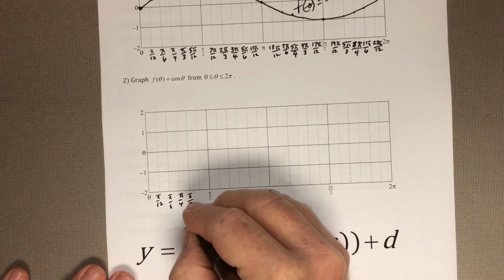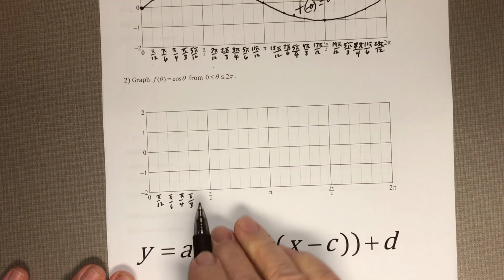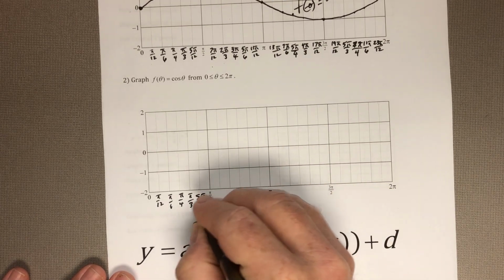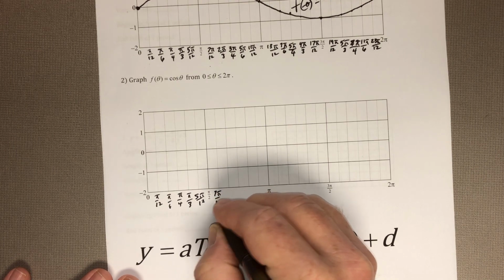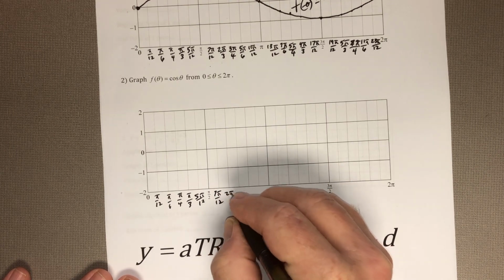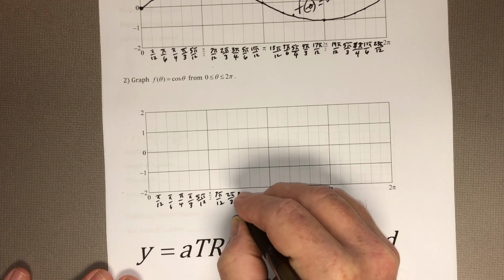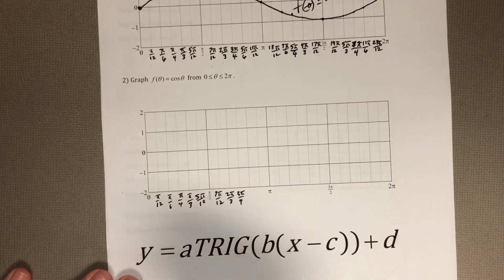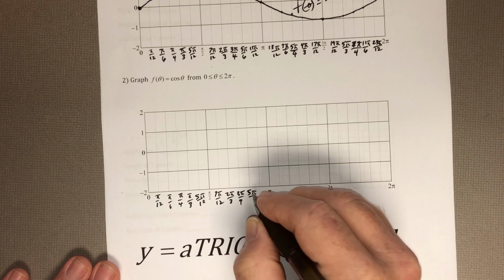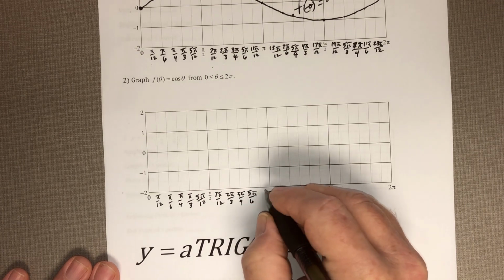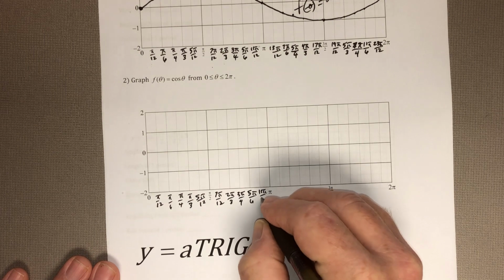Pi over 3, 5 pi over 12, 7 pi over 12, 2 pi over 3, 3 pi over 4. These are all the ones that are on the unit circle, plus a few more that we don't have on the unit circle, but that's okay. We don't need those.